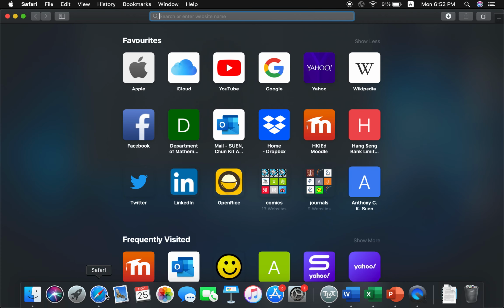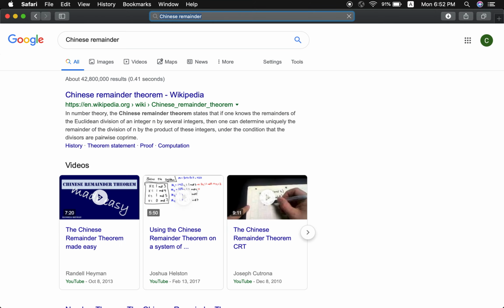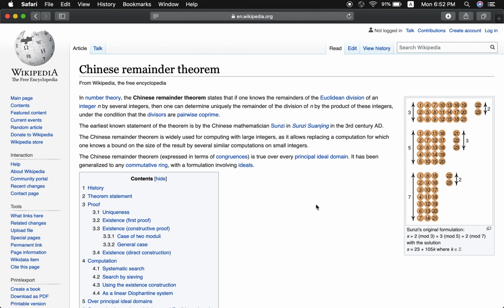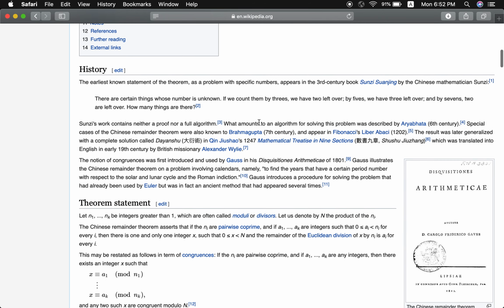If you're interested in the history, I suggest you just search for the Chinese remainder theorem. For example, you go back here and click it. Then you can easily see the Chinese remainder theorem, even the history, you can check it. It's a long time ago.